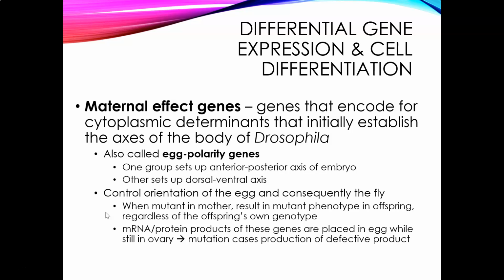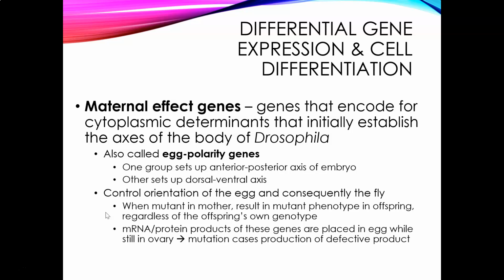But in this case, when we look at maternal effect genes, it doesn't matter what dad gave you. It's all going to be because these cytoplasmic determinants are already set up in that egg before dad ever drops off his genetic information. So if mom has a mutated maternal effect gene, then there's going to be a mutation in the offspring.